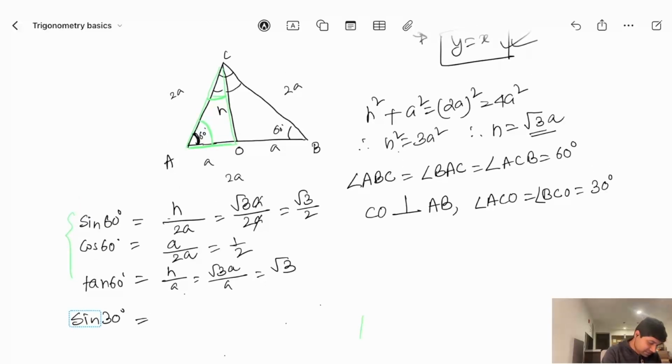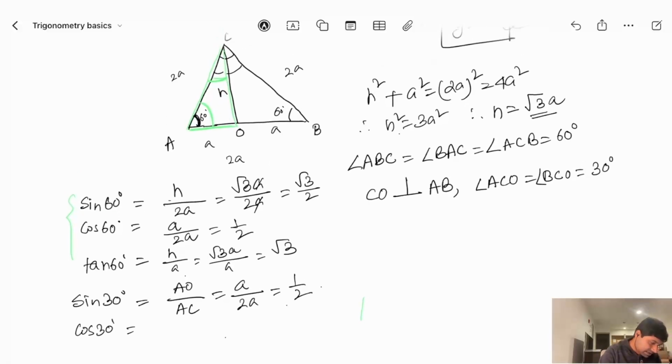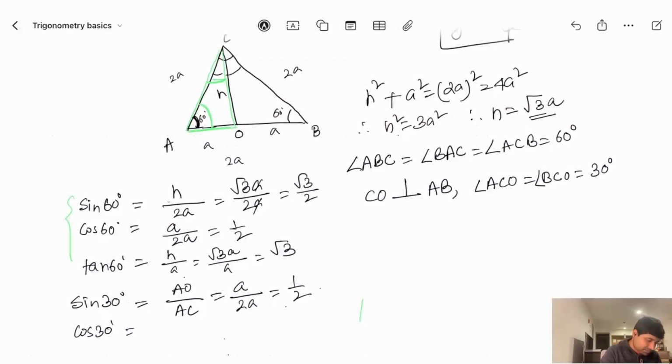So we can consider sine 30, then what is our height here is nothing but AO, and what is your hypotenuse? Hypotenuse is still the same, AC. So AO is nothing but a divided by 2a, which is half.